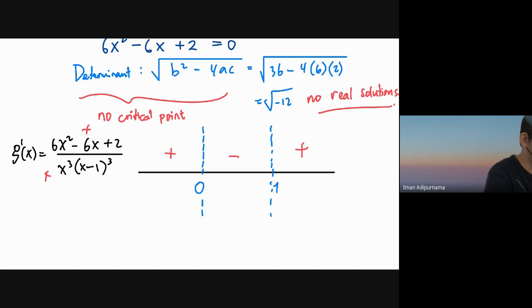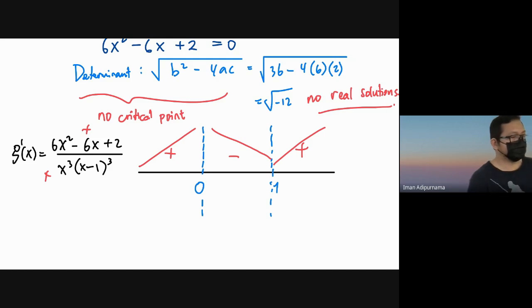So we are getting increasing, decreasing, and then increasing. Okay. And remember, at x equals half, it will be crossing, right? So it's decreasing, but it needs to cross this half point.